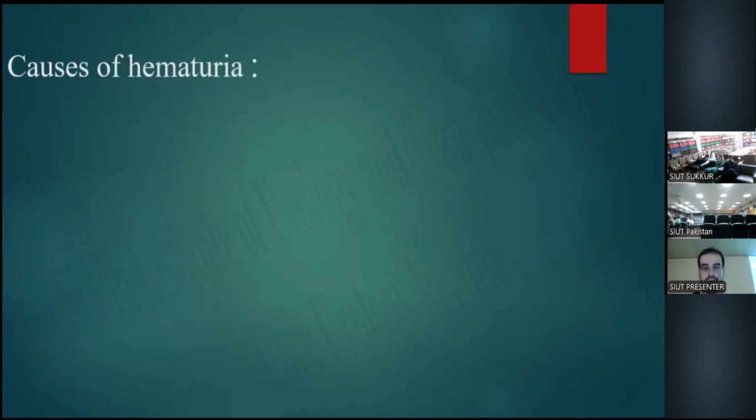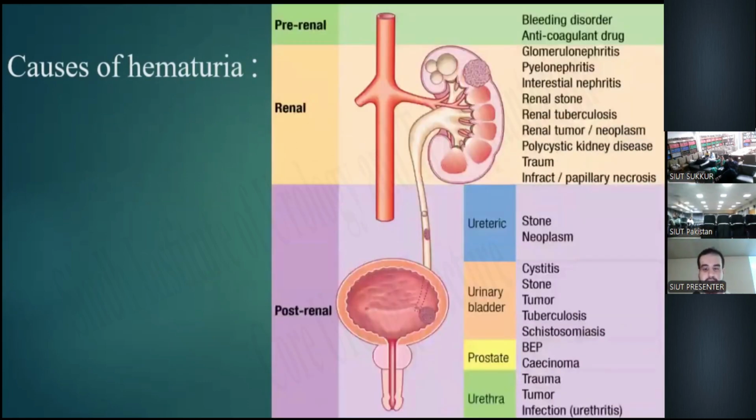Causes of hematuria: pre-renal, renal, or post-renal. Pre-renal could be caused by a bleeding disorder or overdose of anticoagulant drugs. Renal origin: glomerulonephritis, pyelonephritis, interstitial nephritis, renal tuberculosis, renal tumor or neoplasm, polycystic kidney disease, trauma, or papillary necrosis.